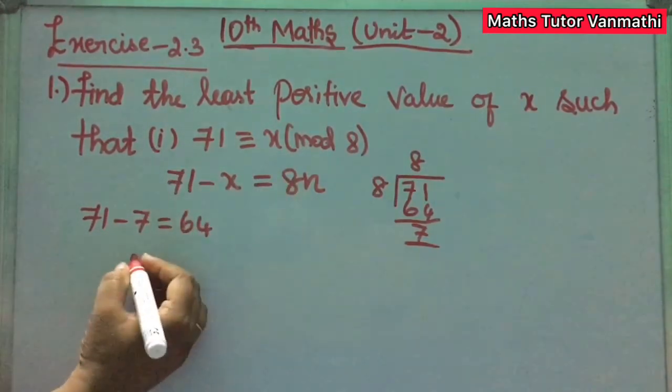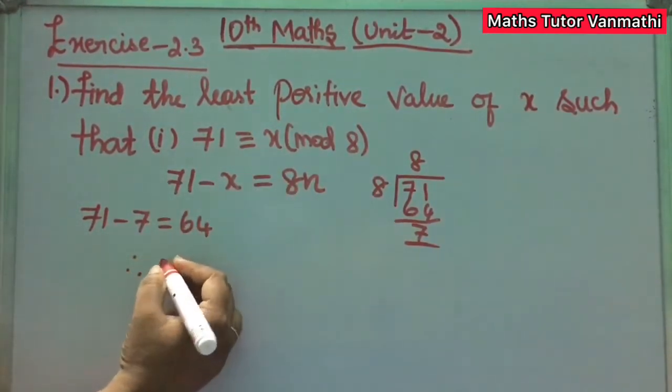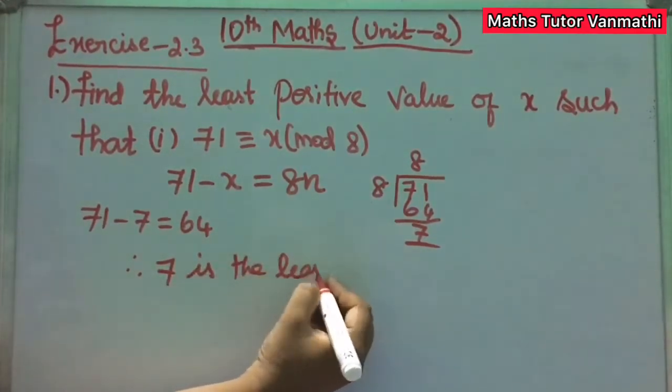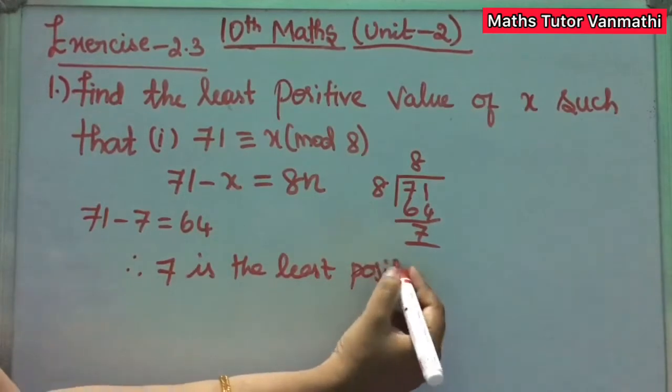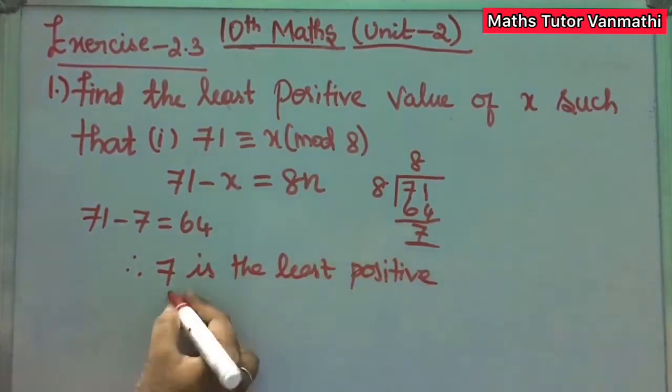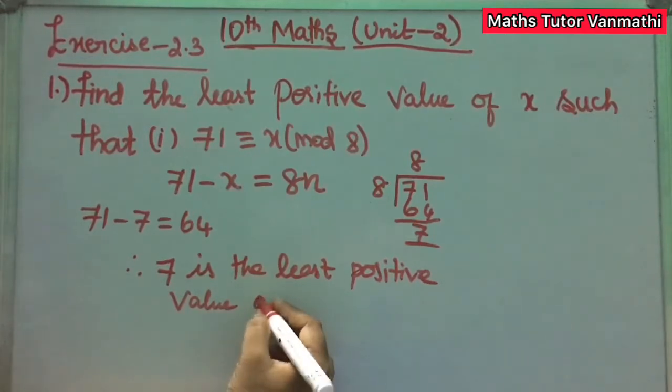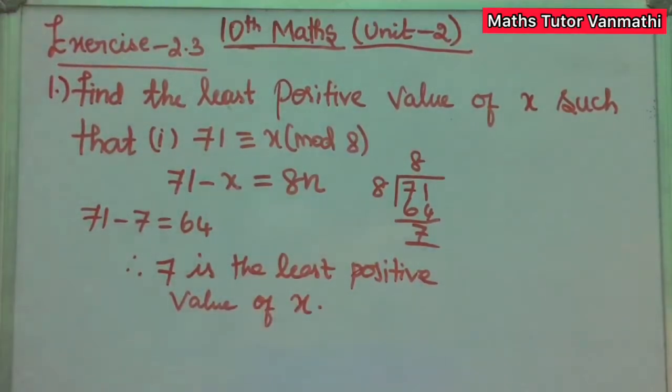From this we can say that 7 is the least positive value of x. This is your least positive value of x.